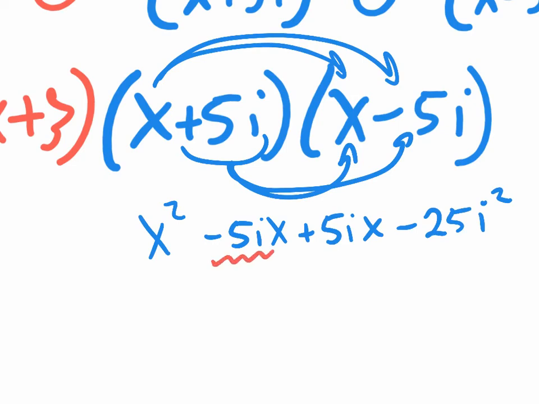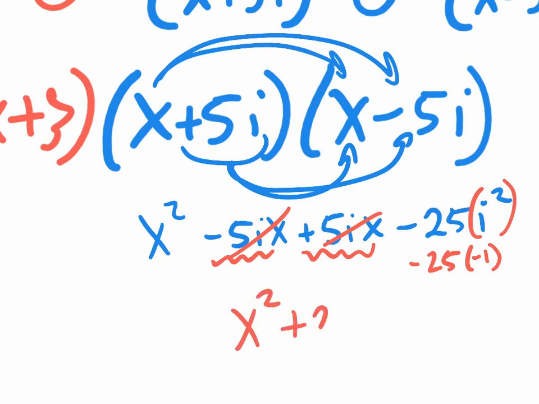The negative 5ix with the positive 5ix completely disappear. They're opposite values when you combine them. And the i squared is really a negative 1, so you really have a negative 25 times a negative 1, which is really what? Positive 25. So you really have x squared plus 25 as a binomial. Instead of these two separate binomials with i's, you have one single quadratic binomial with no more i's.